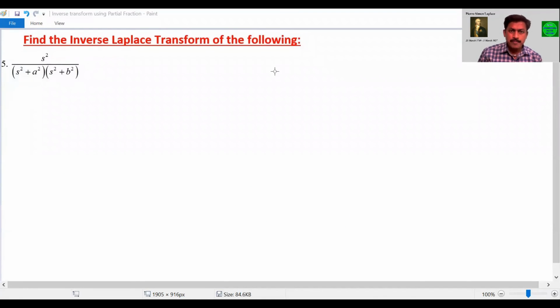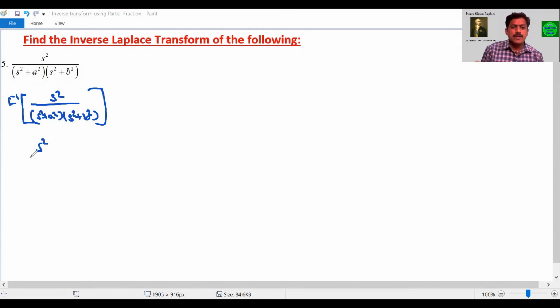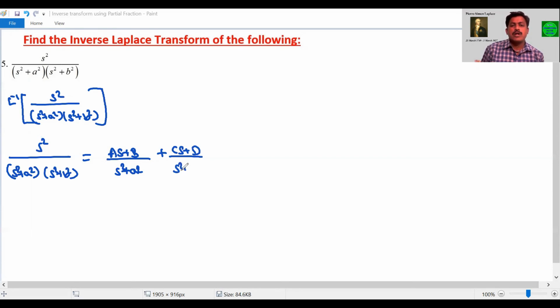In the last problem, L inverse of s square divided by (s square plus a square) into (s square plus b square). Here also we can apply partial fractions to solve this. We can write it as (as plus b) divided by (s square plus a square), as the denominators are in the form of s square, and that second term can be written as (cs plus d) divided by (s square plus b square).